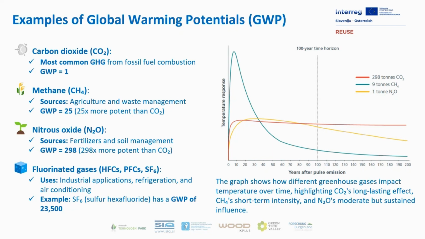For example, sulfur hexafluoride has a GWP of 23,500. That means it is 23,500 times more powerful than CO2 when it comes to trapping heat, and I believe it is used in air conditioning systems.